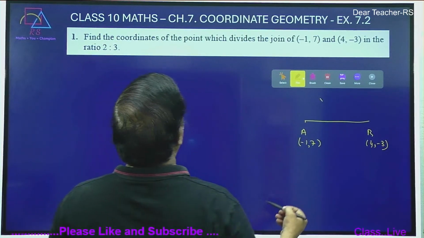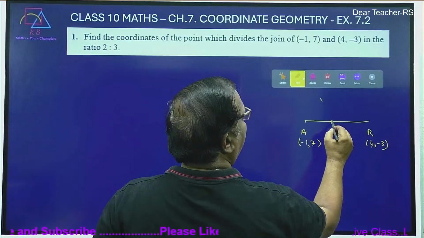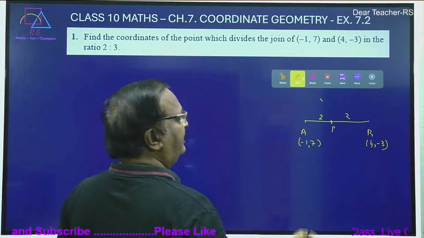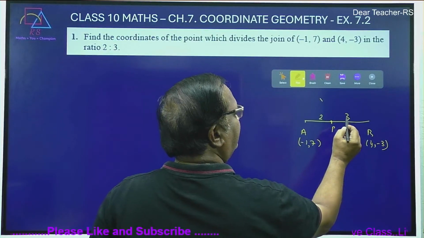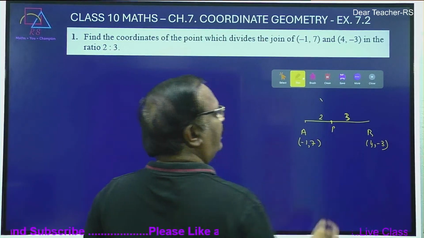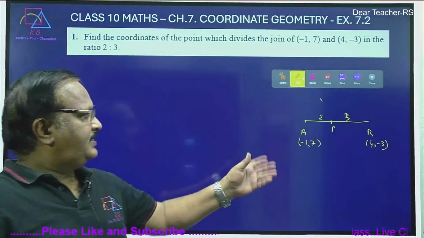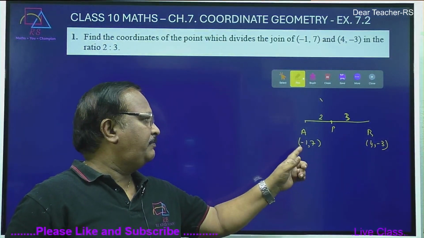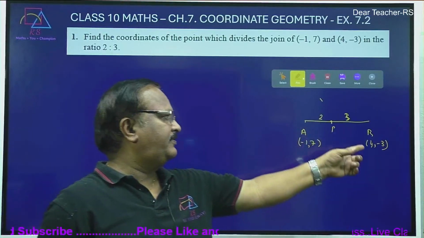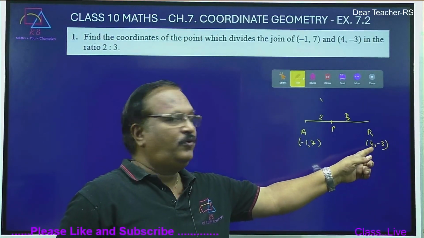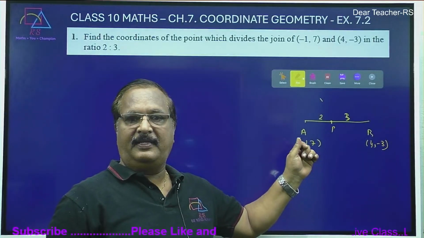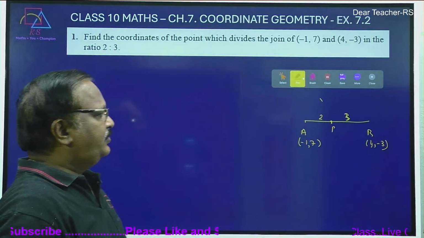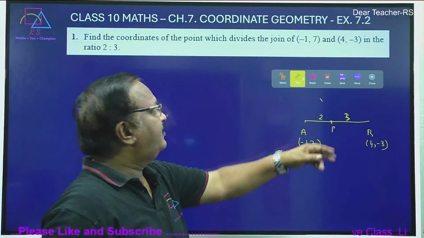P divides it in the ratio 2:3. Okay, so this is given. Same thing, in the place of x1, y1, -1, 7 are there. In the place of x2, y2, 4 and -3 is there. In the place of m is to n, 2:3 is there. So now we have to find the coordinates of P.